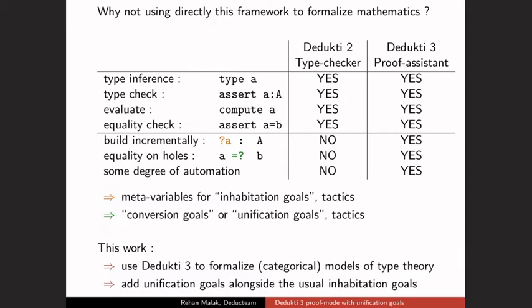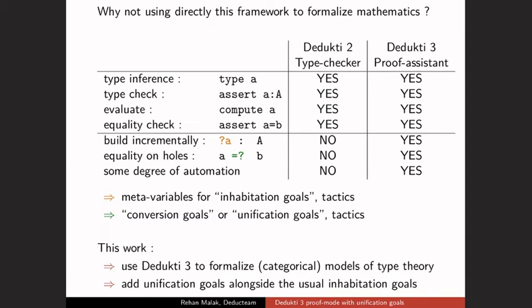One can build terms incrementally. This possibility to build terms we would like to be of a particular type, the target representing a particular theorem, is what we are going to call inhabitation goals. And the reasoning behind the terms we would like to be equal, we are going to call unification goals.